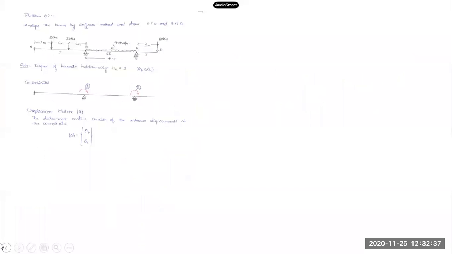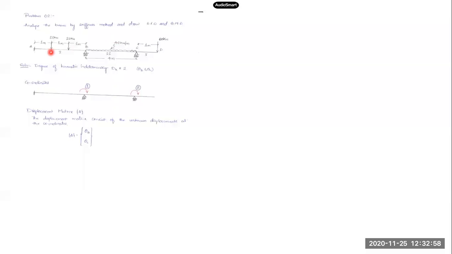Okay, so this is our next beam, which has to be solved by the stiffness method. So in this case, what you have to do is analyze this beam by stiffness method and draw the SFD and BMD.